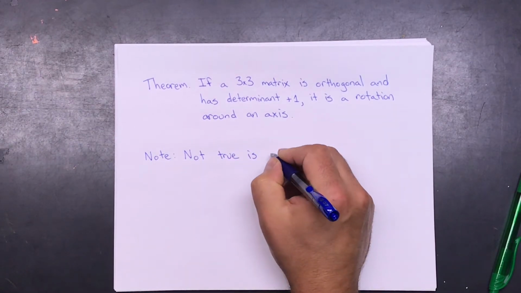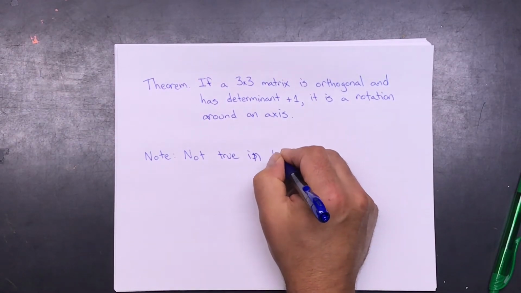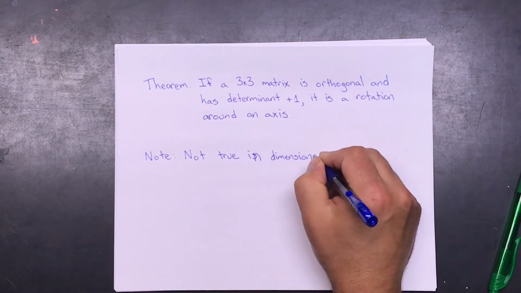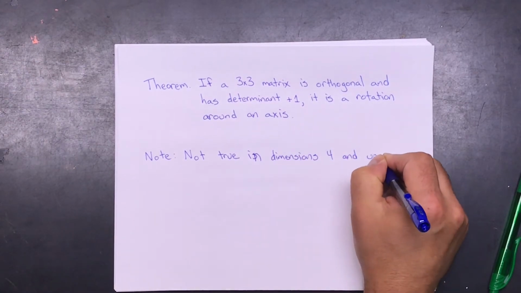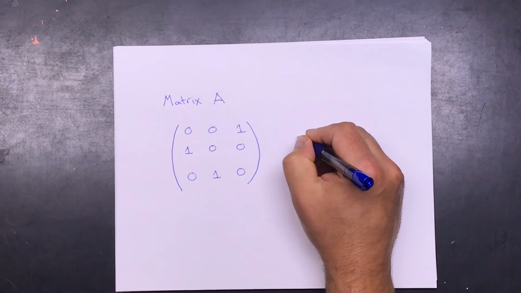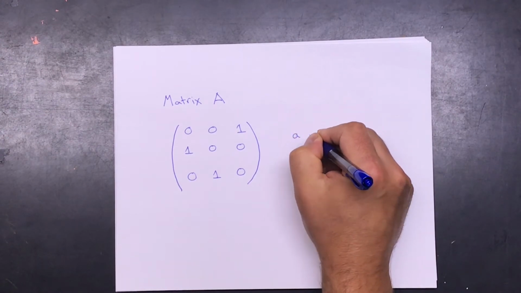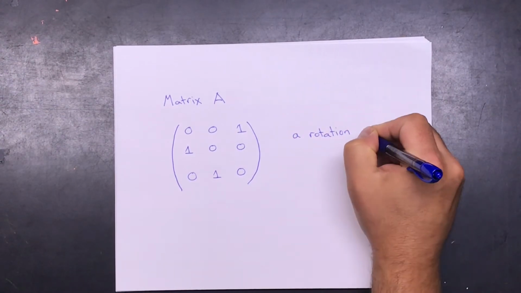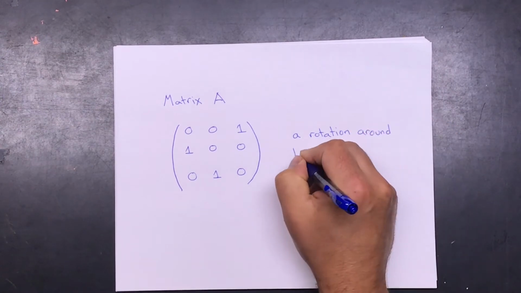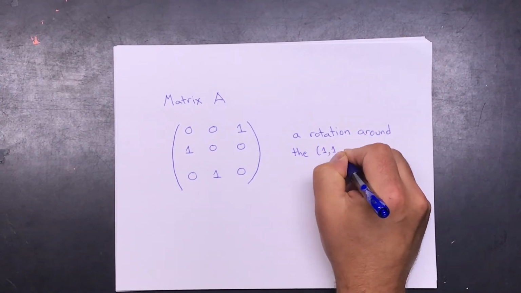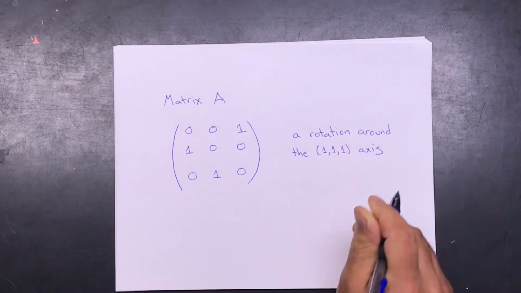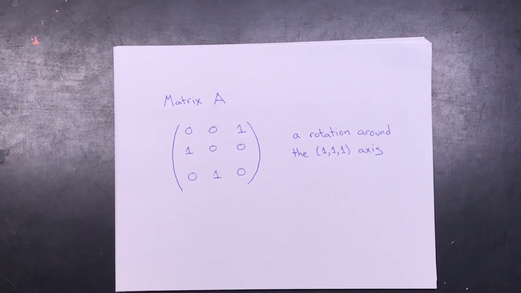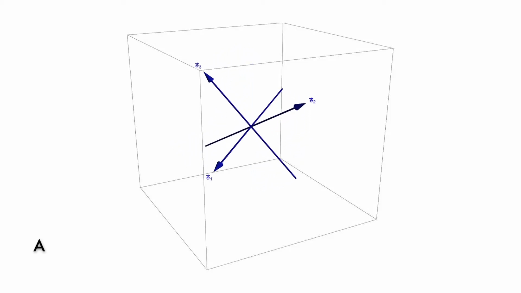This is not true in higher dimensions. Now matrix A is a rotation around 1, 1, 1. You can see that actually because 1, 1, 1 is an eigenvector. So here's what it looks like.